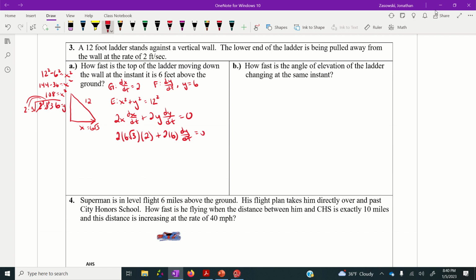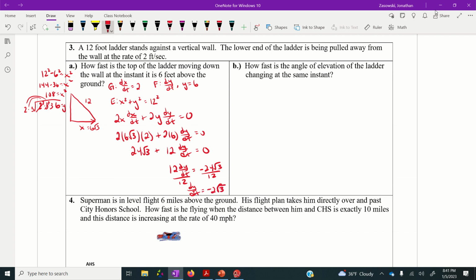So we multiply this together. 2 times 2 is 4, times 6 is 24 square root of 3, plus 2 times 6 is 12 dy/dt. We're going to move that 24 radical 3 to the other side, so we're going to get 12 dy/dt is equal to negative 24 square root of 3. And then we divide by 12, and we're going to get that dy/dt is equal to negative 2 square root of 3.